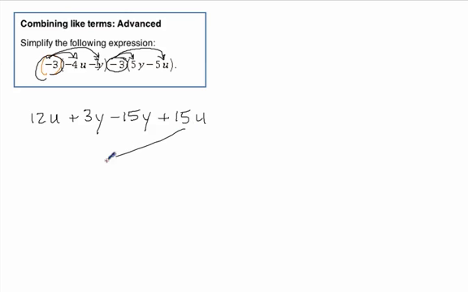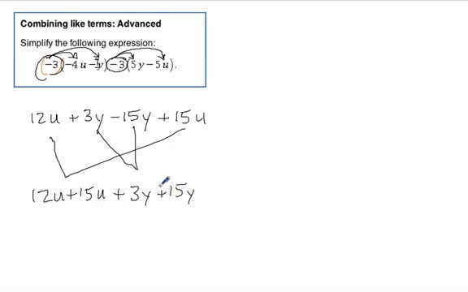Now I'm going to rearrange, writing those things together. 12u plus 15u. And then these are like terms, so I have a plus 3y minus 15y. Bump. 12 plus 15 makes a 27u.